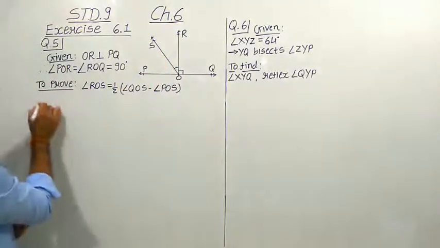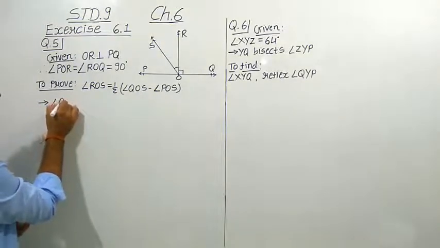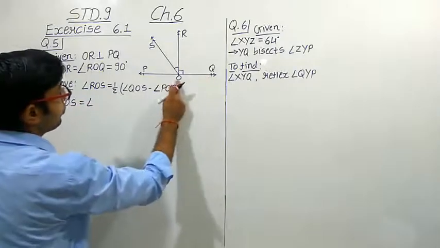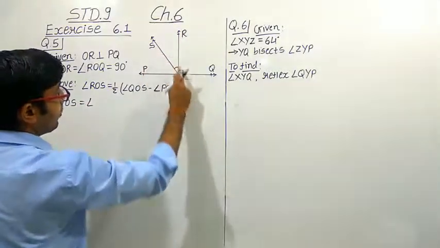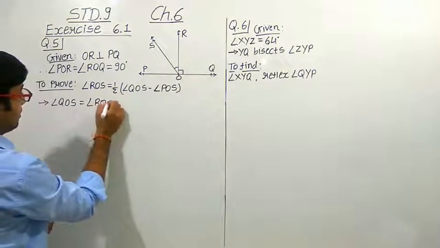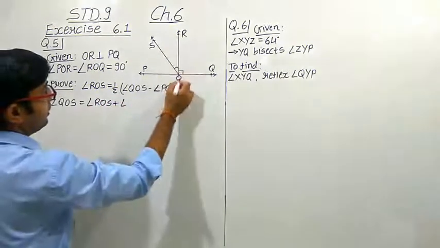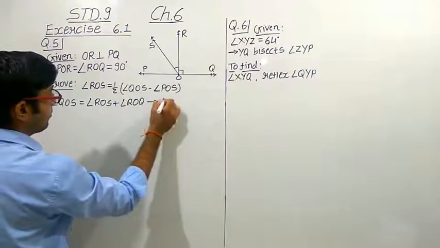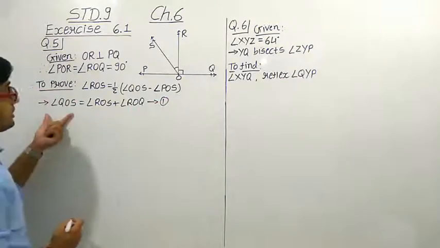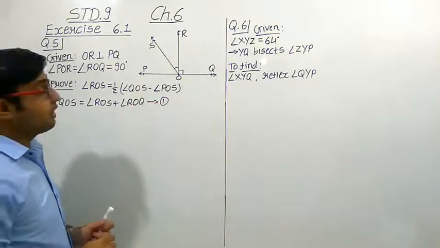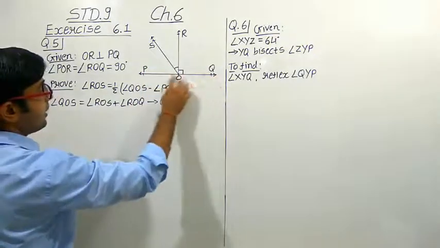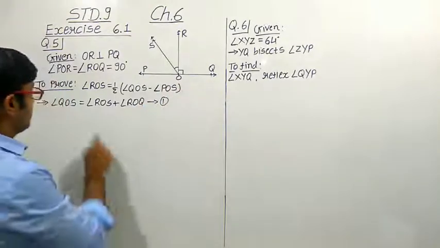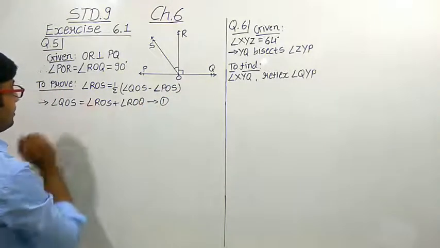So here we can write down that angle QOS is equal to angle ROS plus angle ROQ. Give it equation number 1. So this is how we write the angle sum: QOS is made by the two angles ROS and ROQ.